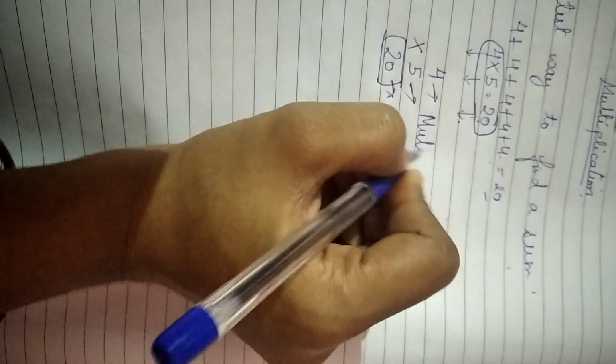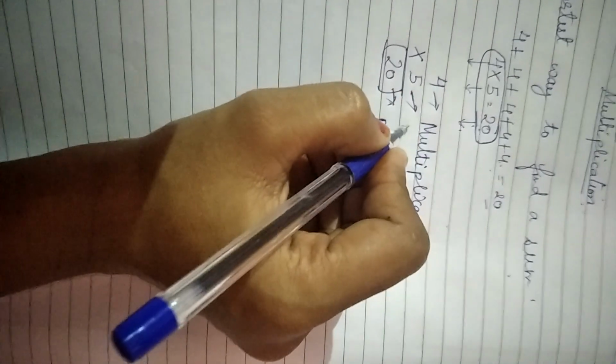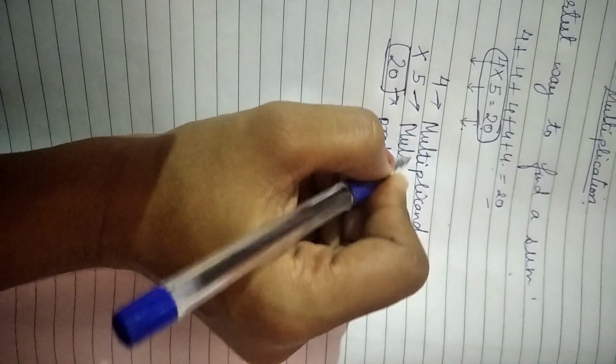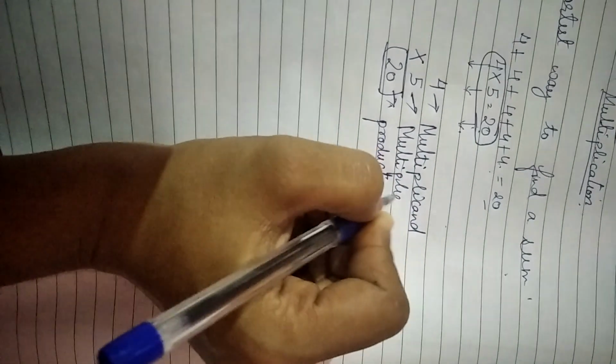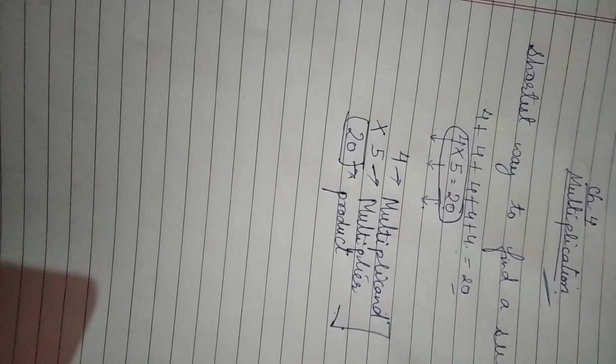A number to be multiplied is known as the multiplicand, and the number by which it is multiplied is known as the multiplier. So these are the three basic things to be learned before we start with multiplications.